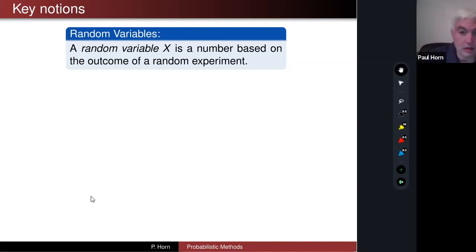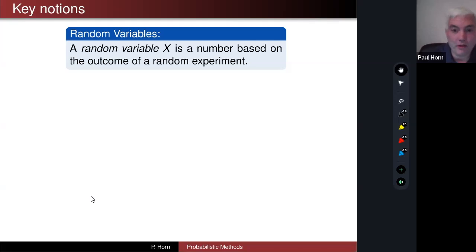So just a few concepts that we should be a little bit familiar with. One is the notion of a random variable. When I do something probabilistic, I'm going to do some experiment. Maybe it's a thought experiment, but I'm thinking of doing some experiment that's going to put a probability distribution on, say, graphs or subsets of a graph or something.